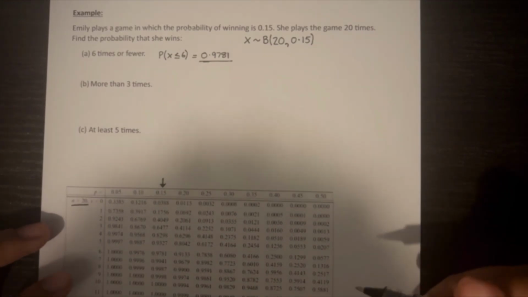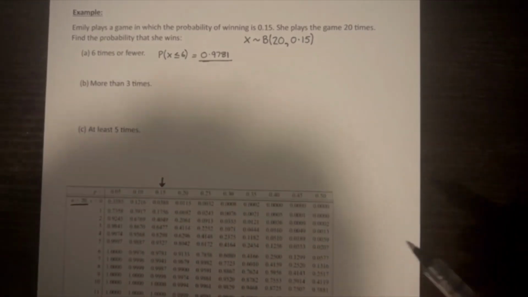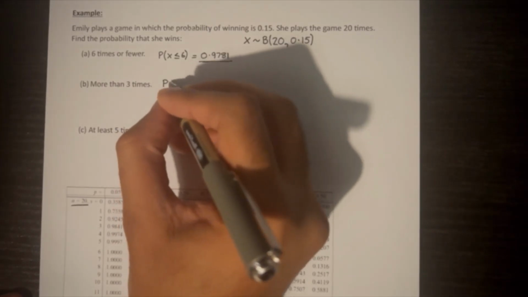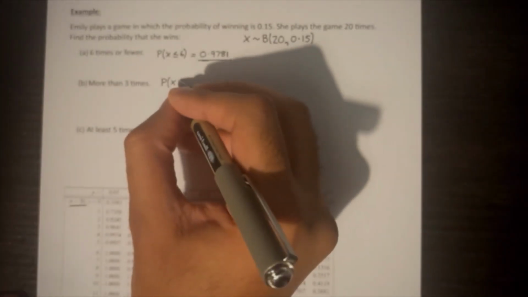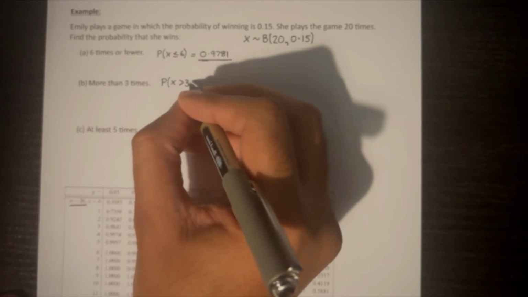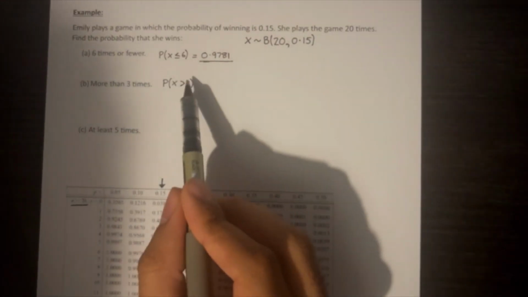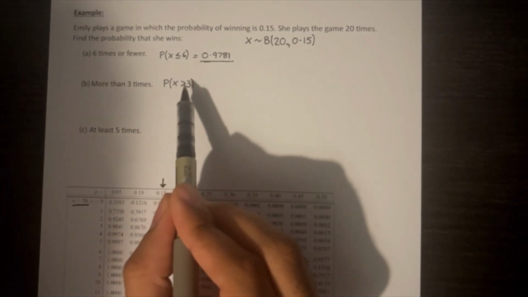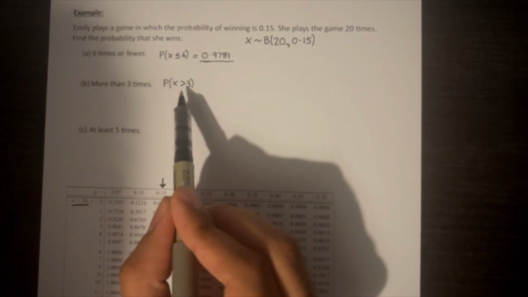The second question, we're being asked for the probability that she wins more than 3 times. Now, the probability that x is greater than 3, to be able to use our tables, we need this to be in the form less than or equal to.